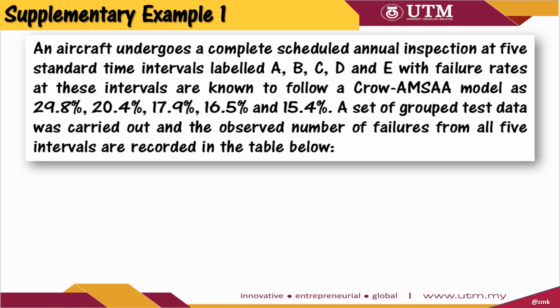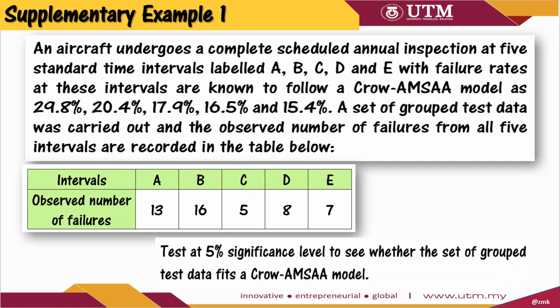A set of group test data was carried out, and the observed number of failures from all 5 intervals are recorded in the table below. Test at 5% significance level to see whether the set of group test data fits a Crowe-Amsa model.